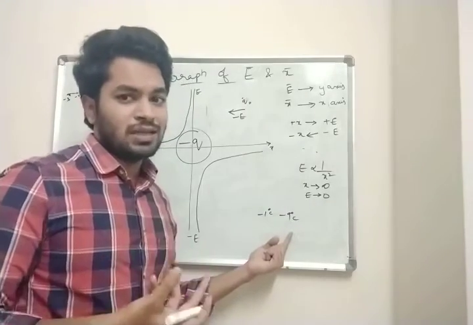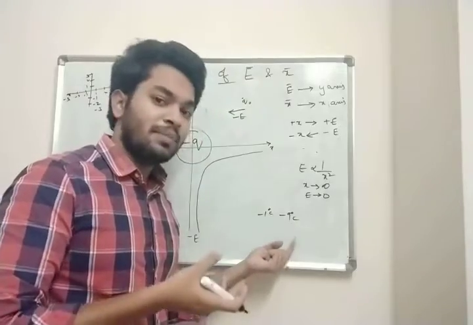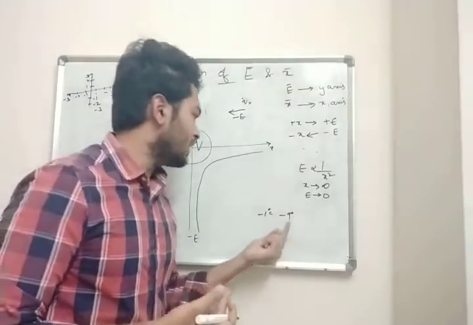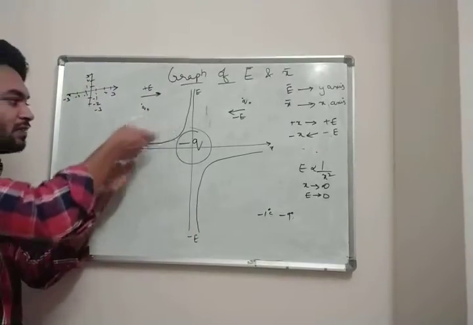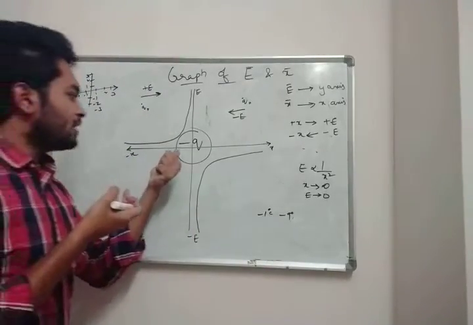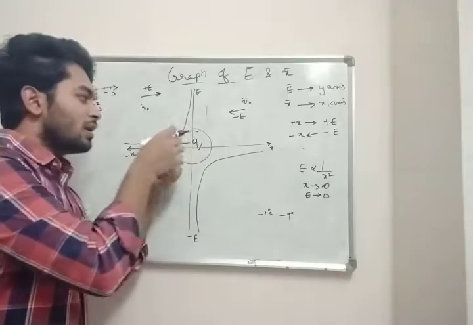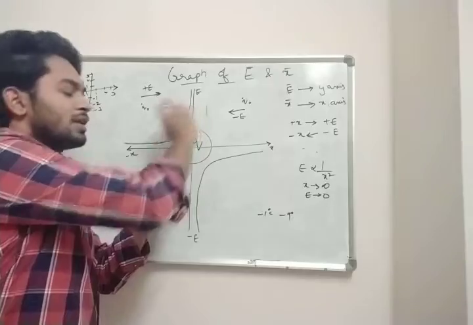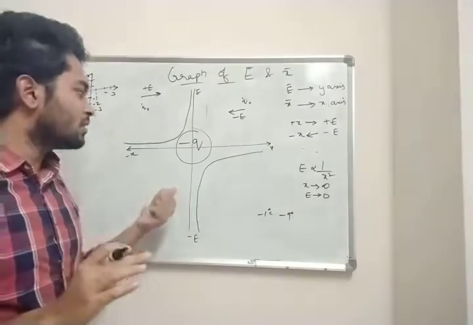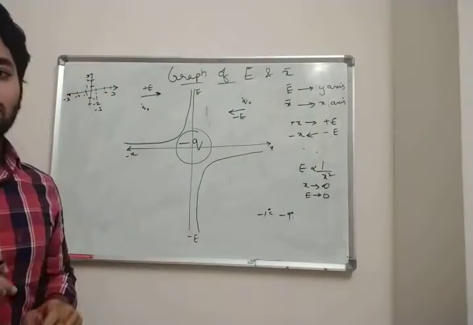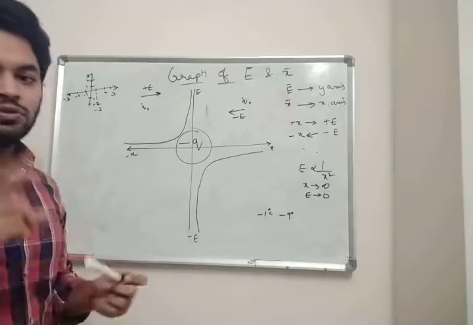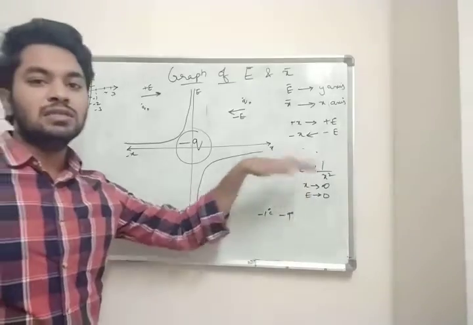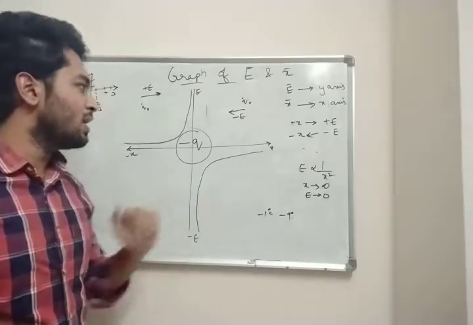Similarly here, -9 is more distance, so the electric field is getting reduced. -2 is less distance, so more electric field. Understood? If you take numbers or if you consider this, both give the same. Only 2 points you have to remember: one is your sign convention and one is that E is inversely proportional to 1 by x square.